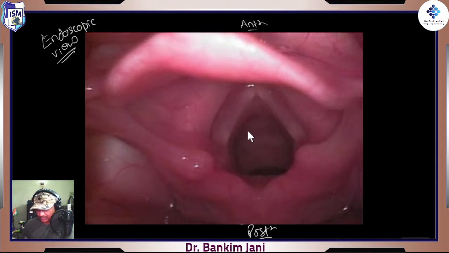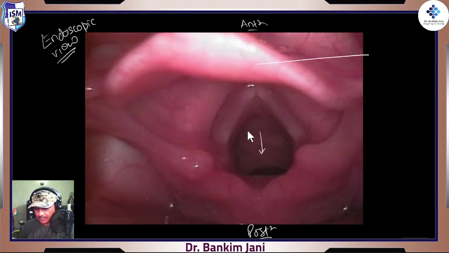Right now we are not talking about left and right. We'll come to that also. So how is the endoscopy done? Well, the patient's head would be like this and you will be watching straight into the mouth, right? So when you are doing this, that's what you really see.